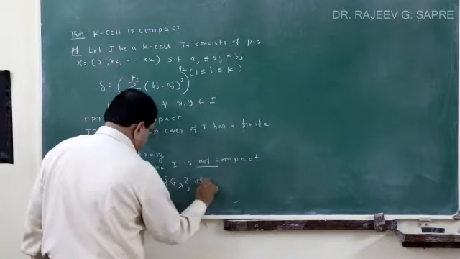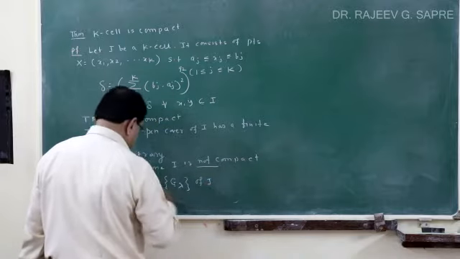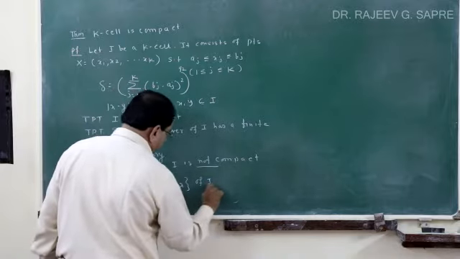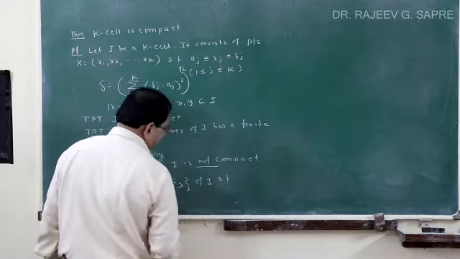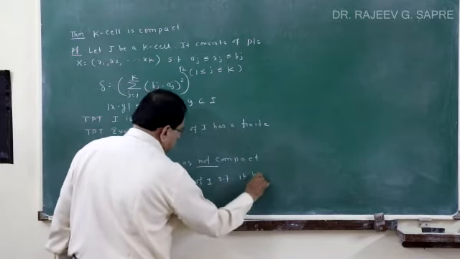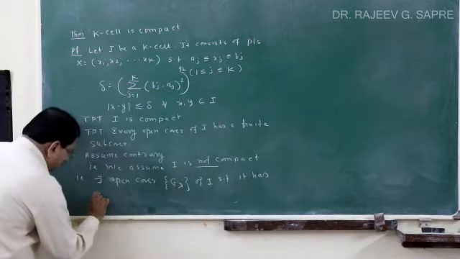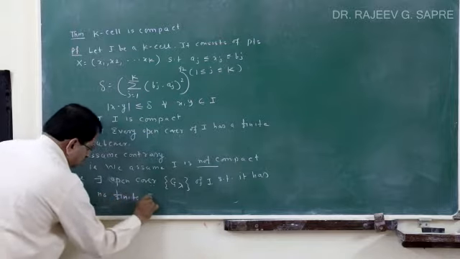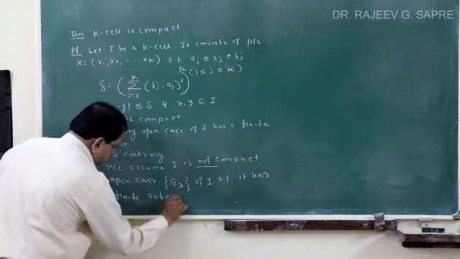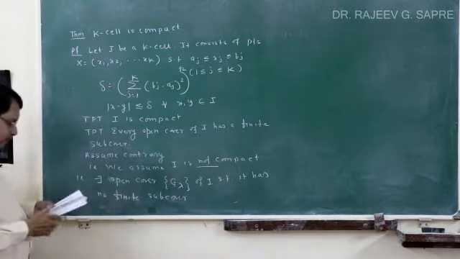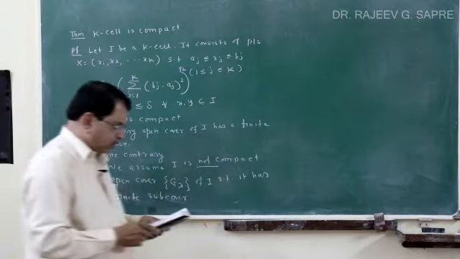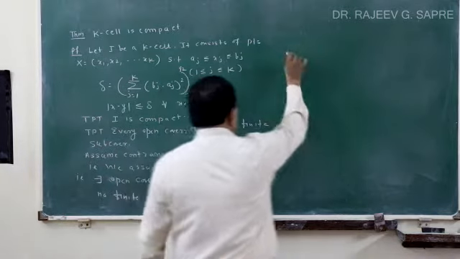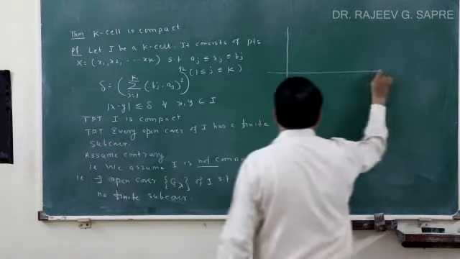There exists an open cover G lambda of I such that it has no finite subcover. This is what we are assuming. Now in case of R2 we will try to understand the procedure.